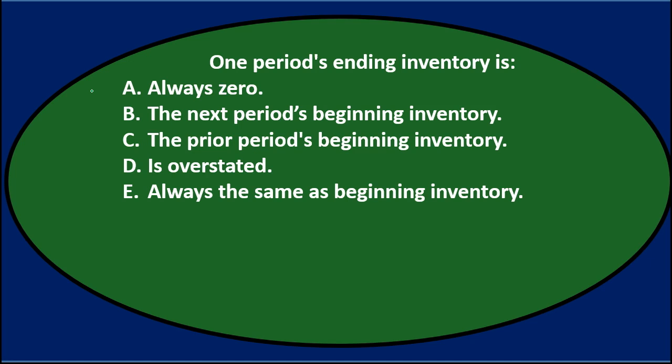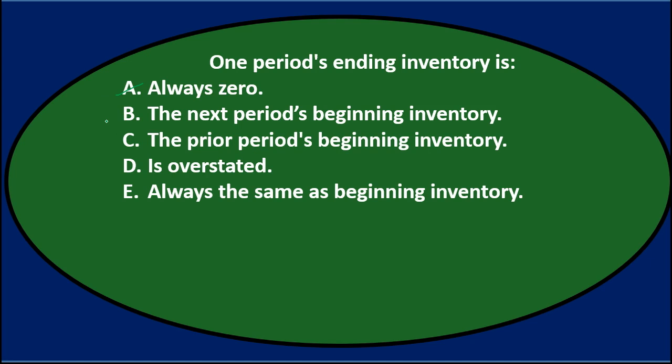It will be A, always 0. Now, that one could be referring to the temporary closing process. If we close something out, then we're left with 0 after the closing process. But one, it doesn't indicate the closing process really here, and two, it's a permanent account. It's an inventory, it's an asset, so it doesn't go down to 0. Only income statement accounts, revenue and expense, draws or dividends will go down to 0.